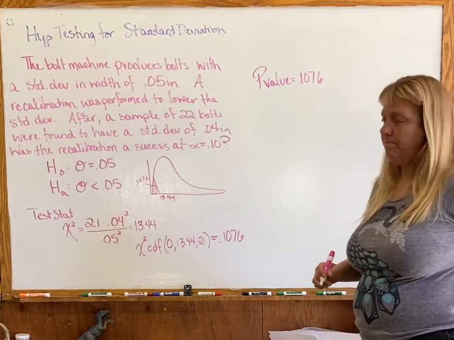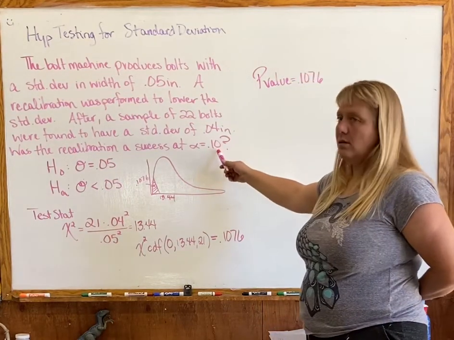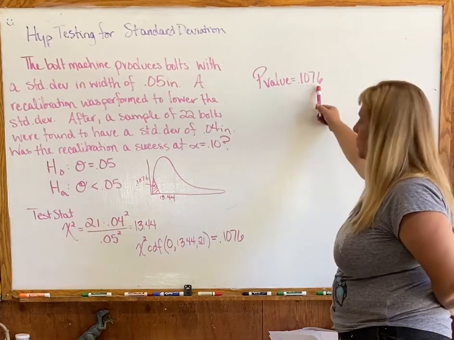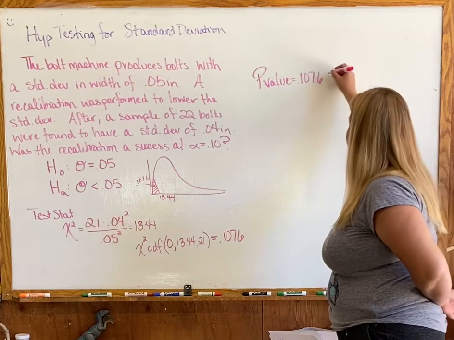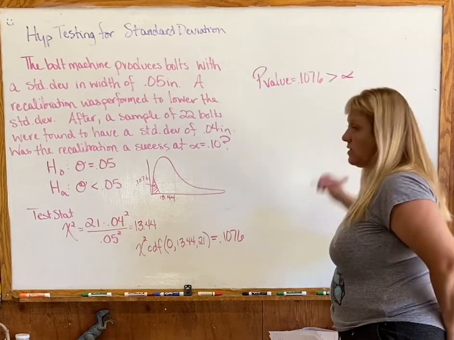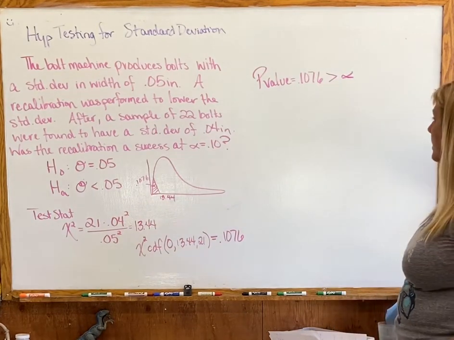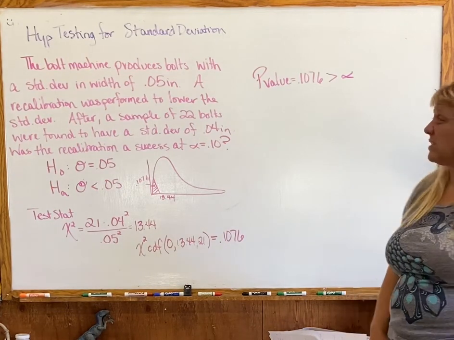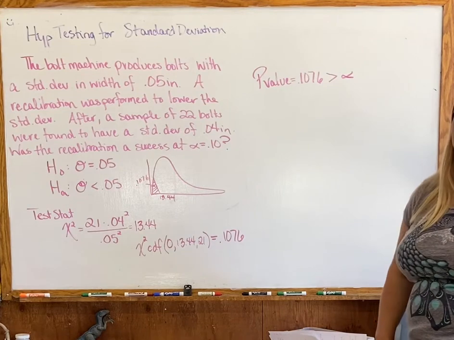Now, look at this one. We were allowed an error of 10% or 0.10, and look what happened. That is a real bummer, isn't it? Okay, we were allowed an error of 10%, but we came back with the probability we screwed up of being just a teeny bit over 10%.